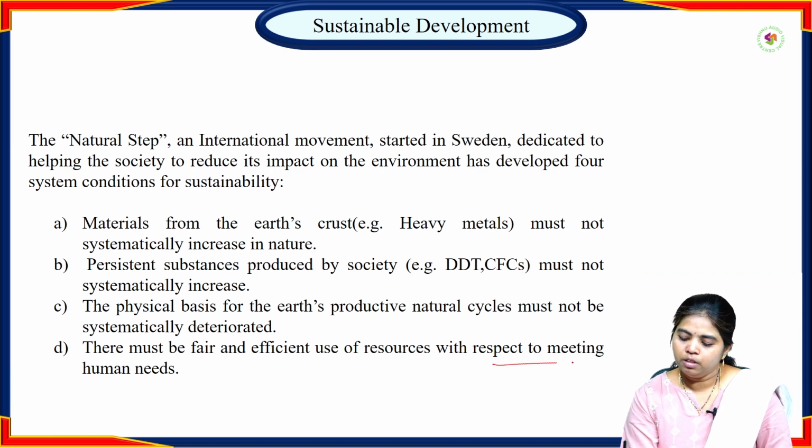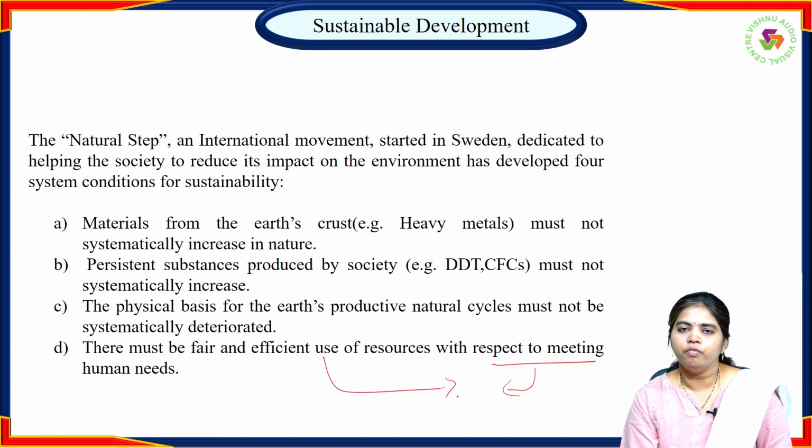Whatever needs we have must be met by the resources, and this needs to be done very efficiently. Whether the water resources, food resources or energy resources we have in our present world, they should be used very efficiently and in a fair manner. Unnecessary exploitation of resources is not recommended.